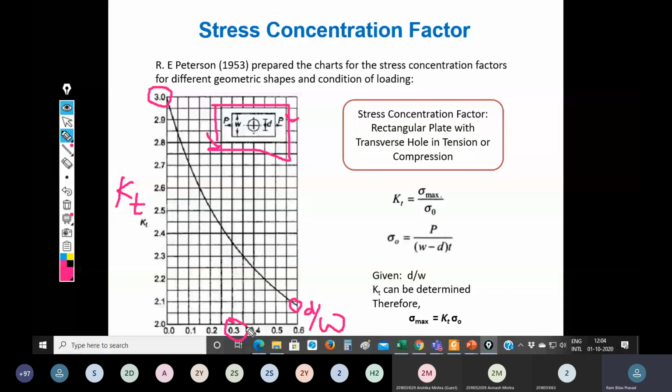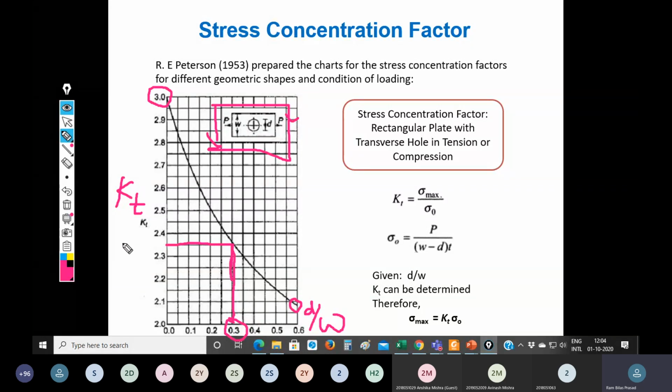So how to find out Kt? You need to draw a line from here, and then keep on moving up until you reach this stress concentration factor line, and then you draw the horizontal line from here, and then you reach this point.